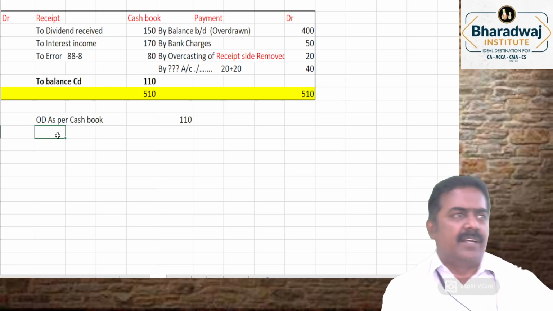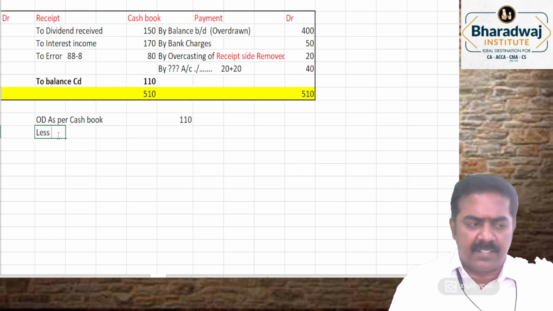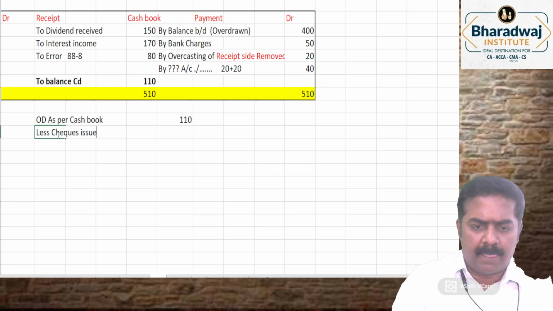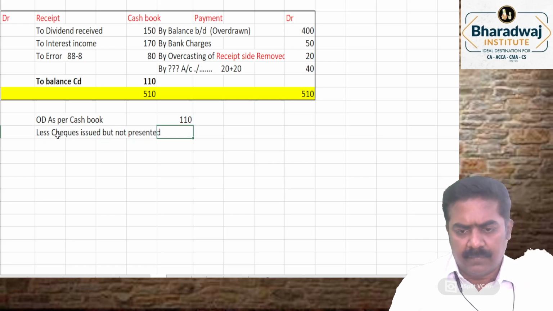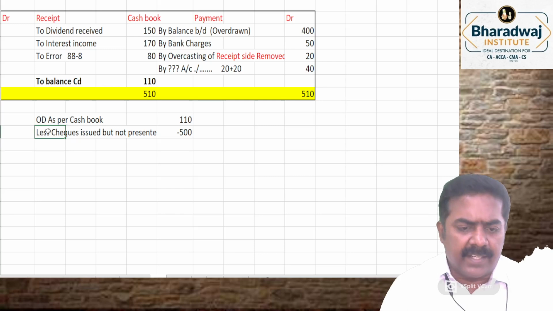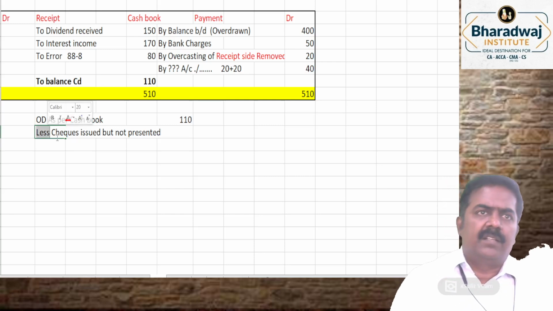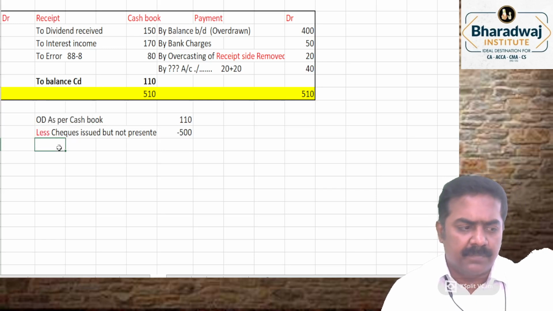Bank has not deducted. What we should do? We should add back, but since OD is a starting point, we do the opposite.